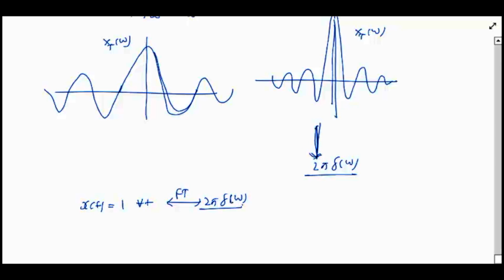Even though the above argument looks a little complicated, the same can be verified from the following observation.